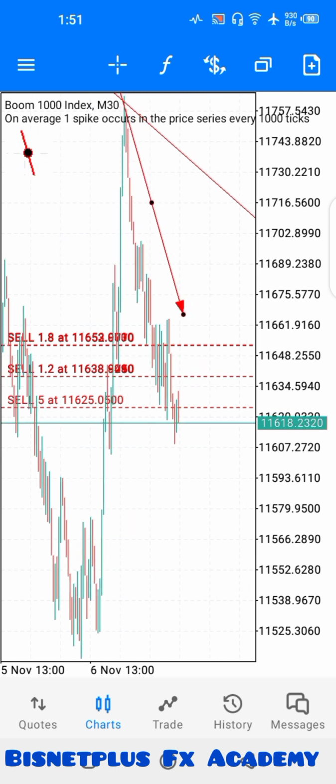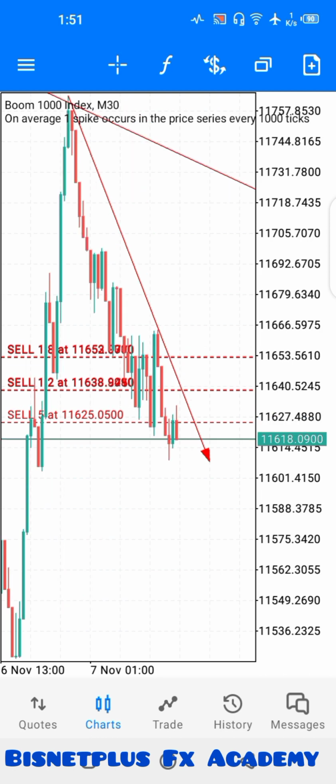Place it there, then let it come down here. So it's not breaking. Anytime you have a retest, that will give you a very good and sure guarantee that it's going to go down. Now let me zoom it out a bit. You can see clearly what we're doing here.